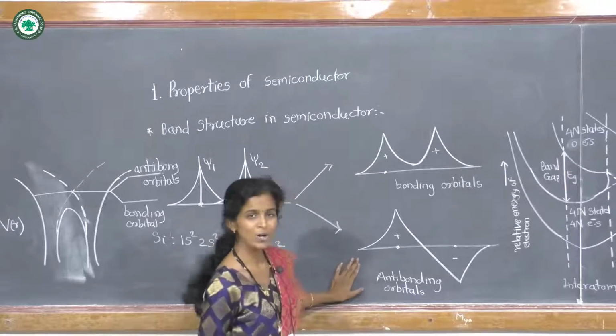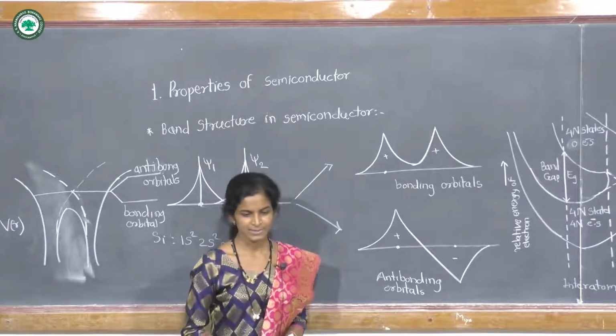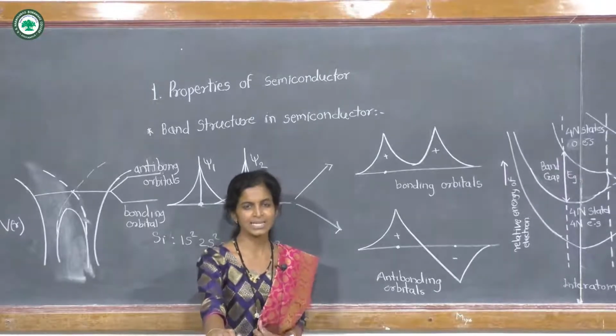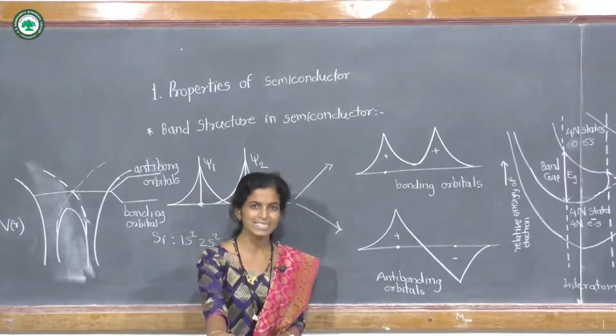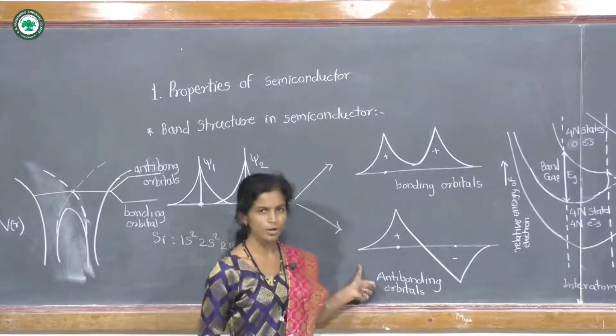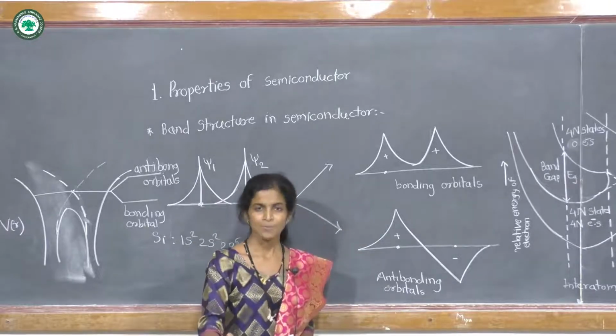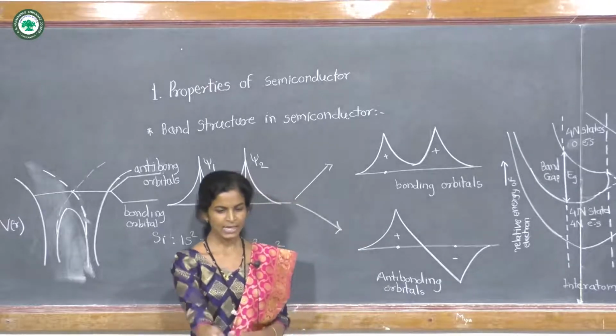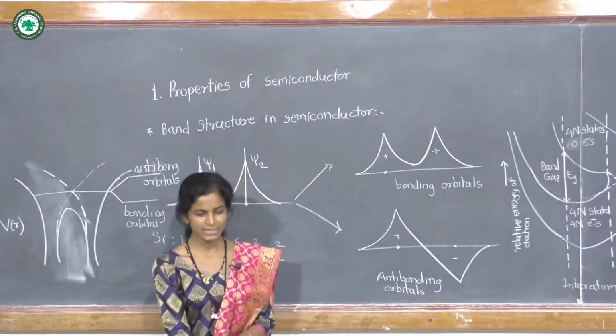It can be seen that the bonding orbital has a higher value of wave function than the antibonding orbital, and therefore the bonding orbital has the higher electron probability density.